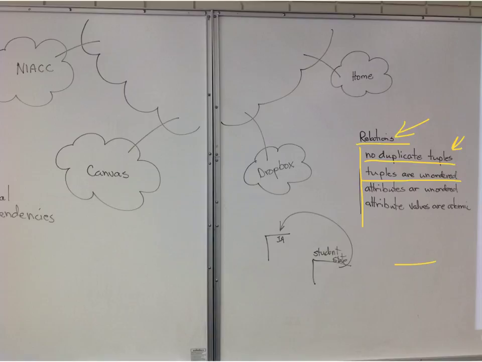It doesn't make a difference what order the records are. Attributes are unordered. The attributes for each record can be in any order. Attribute values are atomic. Okay, we should just have one value for the attributes that make up our records.